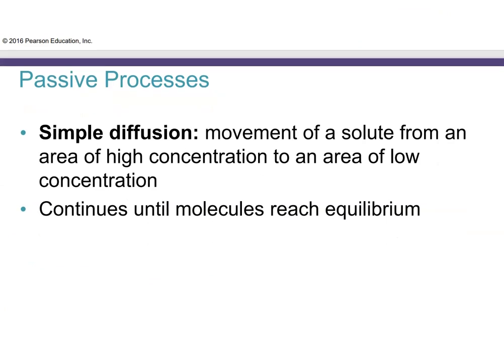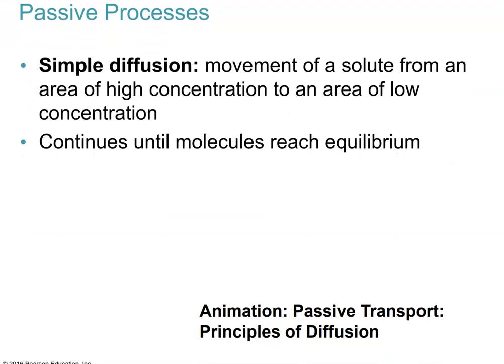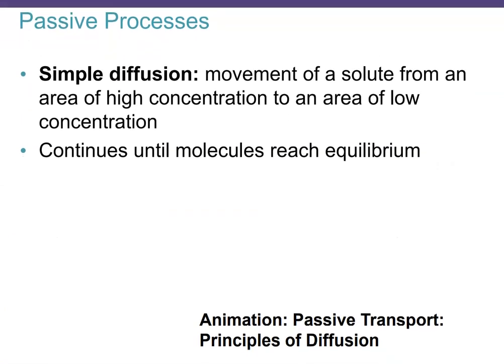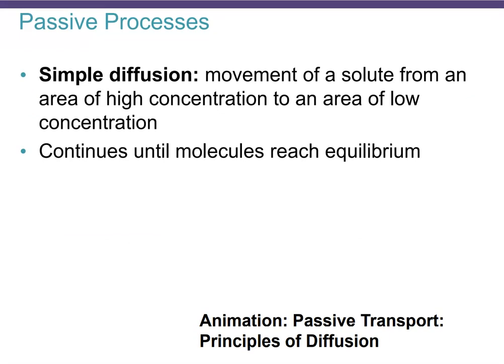So let's take a closer look at all the passive processes. First thing that comes to mind is simple diffusion. That is just when there's no barrier and a substance moves strictly down a concentration gradient. So we're going from high to low concentration, and this diffusion will continue until there's no more concentration gradient and we have reached what's called an equilibrium.